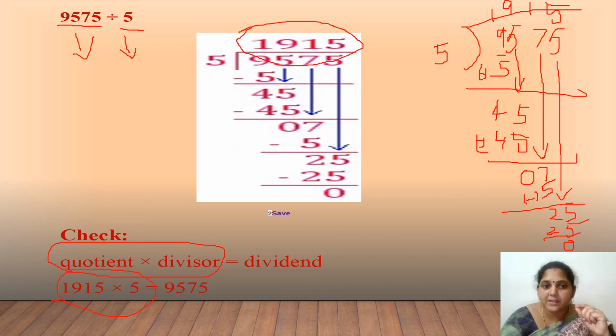When you are multiplying these both the numbers, you will be getting here 9575 plus what is your remainder? Your remainder is 0. Any number is added by 0, you will be getting the same number. So what will be your number here? 9575, which is your dividend number. So the division what you have done is correct. This is how you are going to check your division.